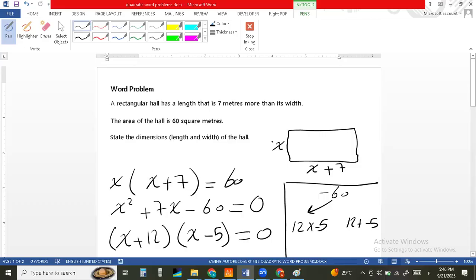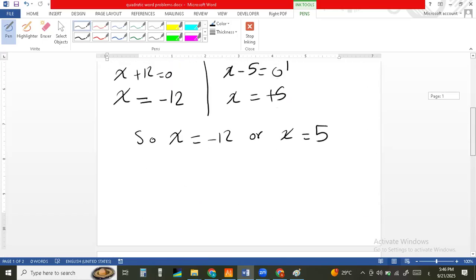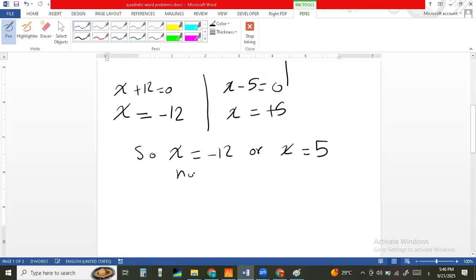Like if I tell you the distance from here to the school or to my workplace is negative 2 kilometers, that doesn't make any sense. The same thing exactly with length or width. You cannot measure something with negative numbers. So negative 12 is not possible. It is only 5.